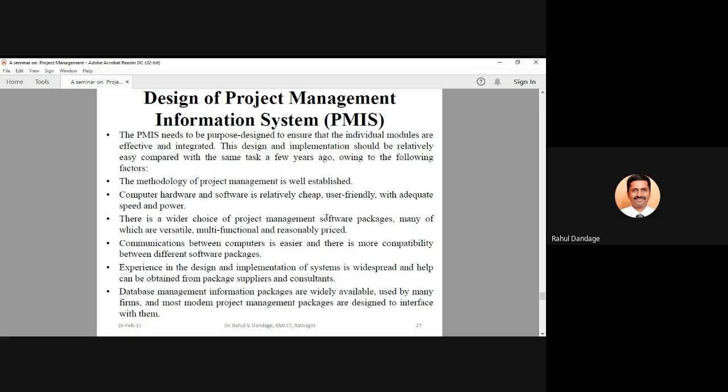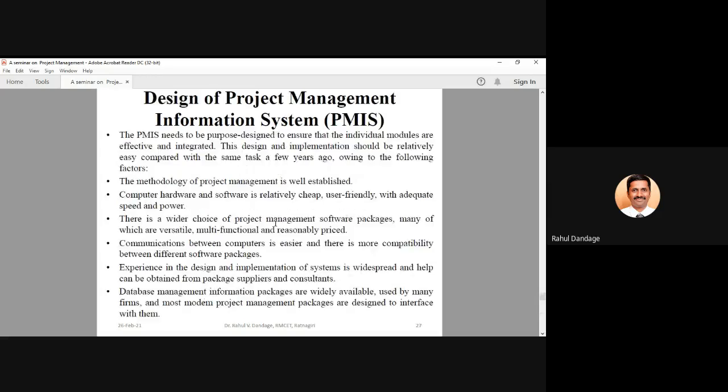Database management information packages are widely available, used by many firms, and most modern project management packages are designed to interface with them. So, if you have existing database management system with your organization, any ERP system with your organization, these modern project management software packages, they will be compatible to get interfaced with these ERP systems.